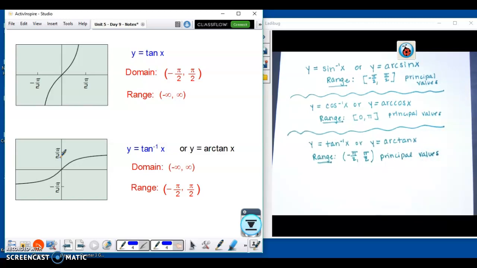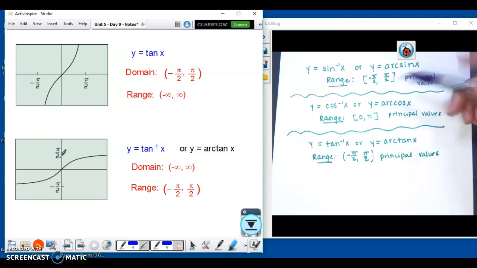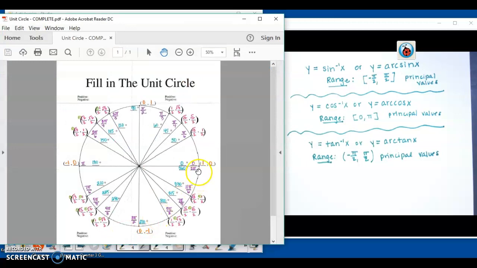The reason this is important is that in a minute we're going to solve problems that work with inverse trig functions. When you're doing inverse trig functions, you can't use the entire unit circle to get your answers. You can only use the principal values. So when we do an arc sine problem, because this goes from negative pi over 2 to pi over 2, if you take a look at a unit circle, 0 to pi over 2 would be here.